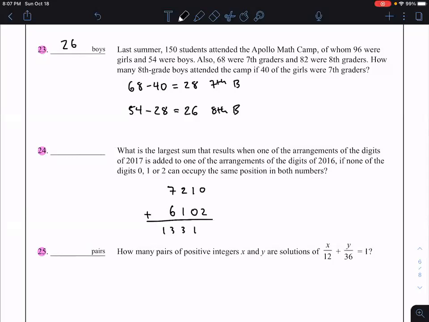And you can actually make this bigger if you do this. There. Now you have 1321. And that's the biggest you can get. So that's your answer.